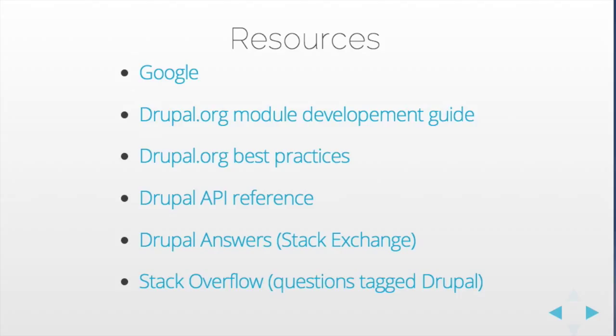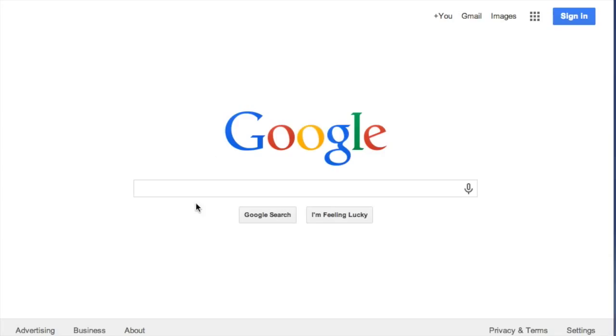So, some resources. The top one for me personally is Google, which may sound silly, but I found that Drupal.org search actually is not as good as Googling it. Typically, my favorite thing to Google is "programmatically" followed by whatever I need. So let's say we wanted to figure out how to make a block in Drupal.